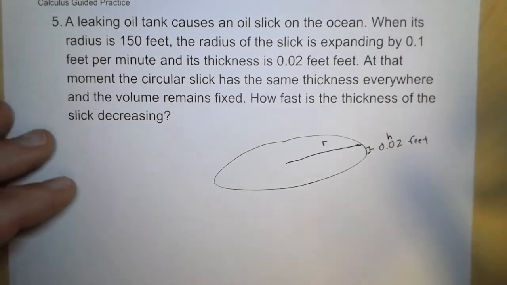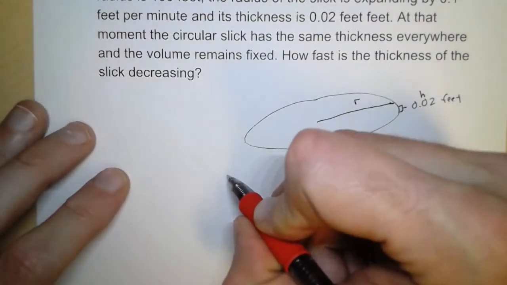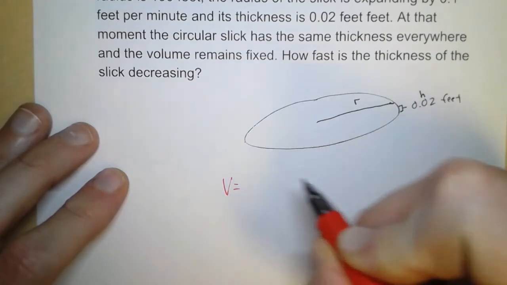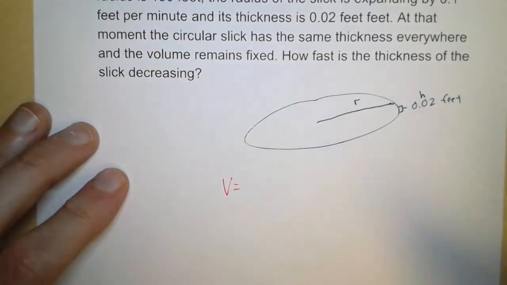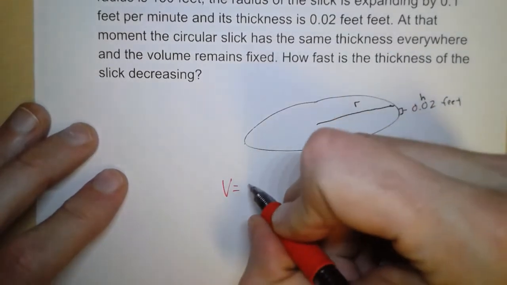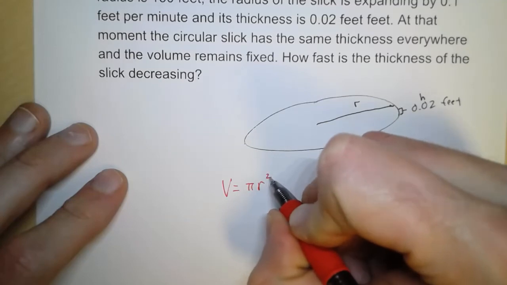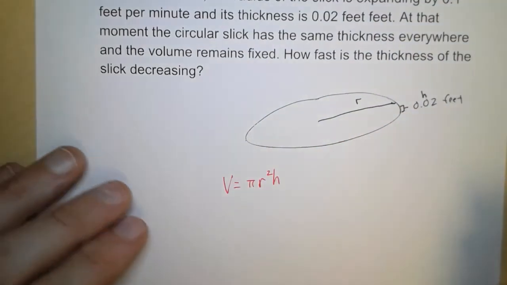So that means it's an actual variable. So what we have here is we've got a formula for the volume of a cylinder, because that's what this shape is. It's a very flat cylinder with a very small height, but it's still what the shape is. And so that's volume equals pi r squared times h.